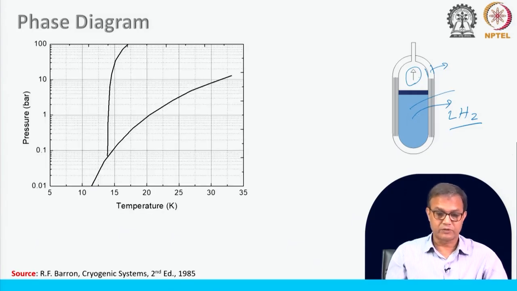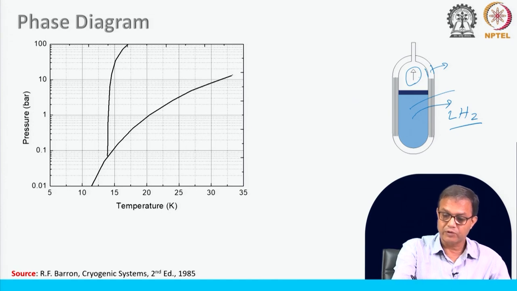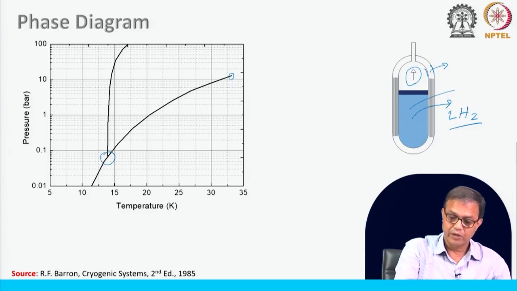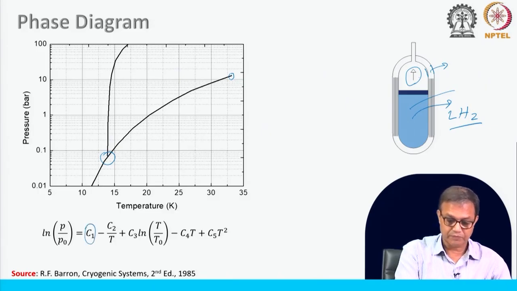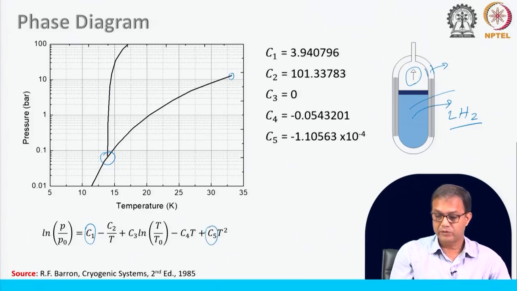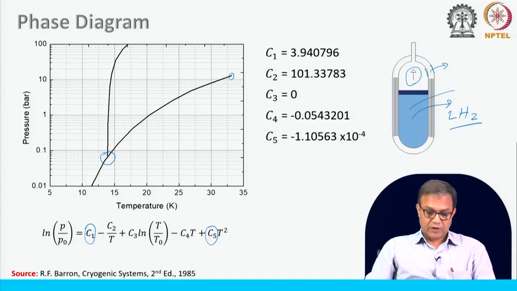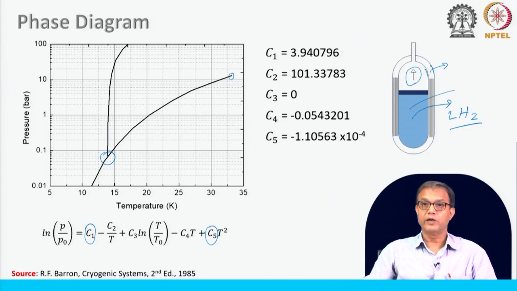So, here what we are trying to figure out is this critical point, and this is the triple point, and how the boiling point of the liquid varies between this point and this point with the pressure. So, this is the relation, and there are constants C1 to C5, which are given like this. Once we have these constants and this relation, we can find out the pressure or the temperature depending on the other.